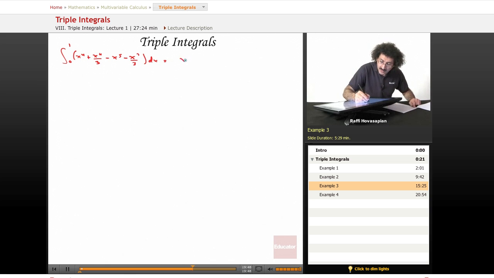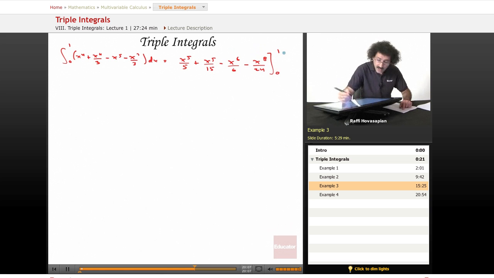I should get x to the 5th over 5 plus x to the 5th over 15 minus x to the 6th over 6 minus x to the 8th over 24, and I'm integrating from 0 to 1, and when I put 1 and 0 into there, I get the number 7 over 120.